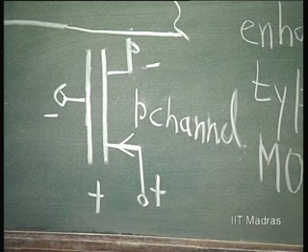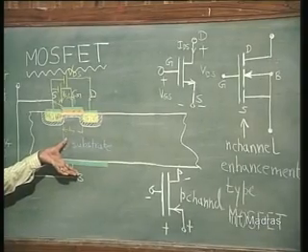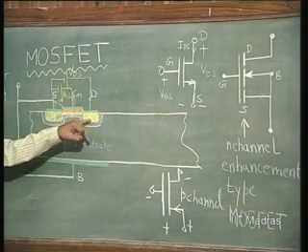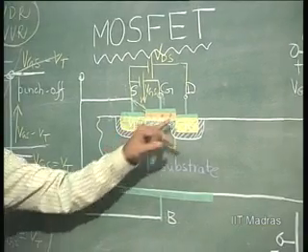Of course, we can have both N channel and P channel coexisting in an integrated circuit. Let us say we start with a P type substrate, then these will be N type source and drain, and we have an N channel.